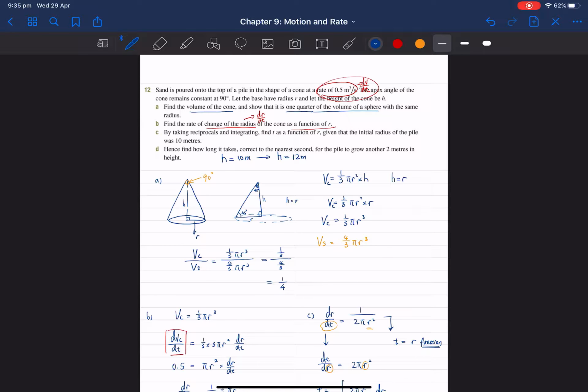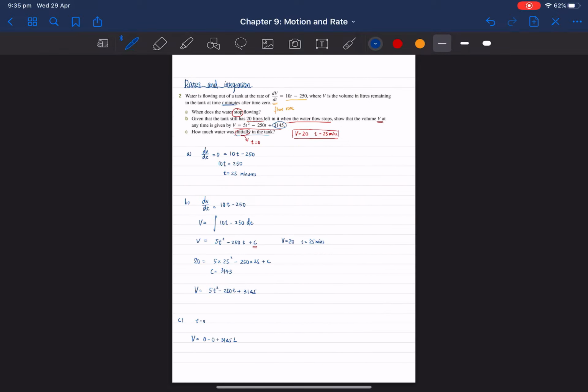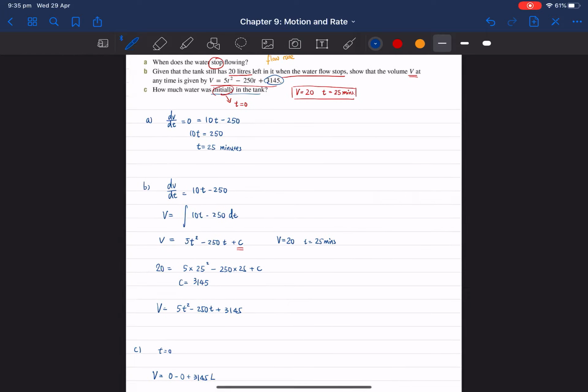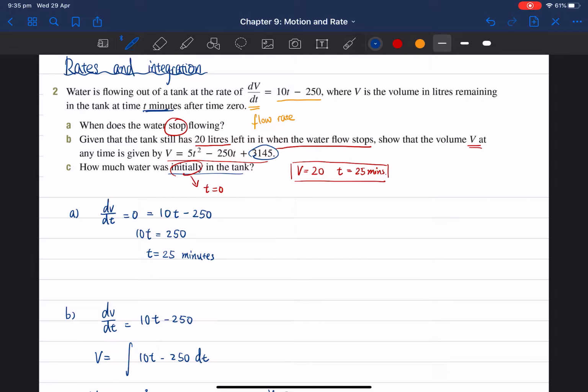Okay, how many questions did I do? These are the 1, 2, 3, and 4 questions I did for rate and integration. The later questions take a lot of time because the questions are long and integration is hard, and sometimes you have to be careful about the wording.